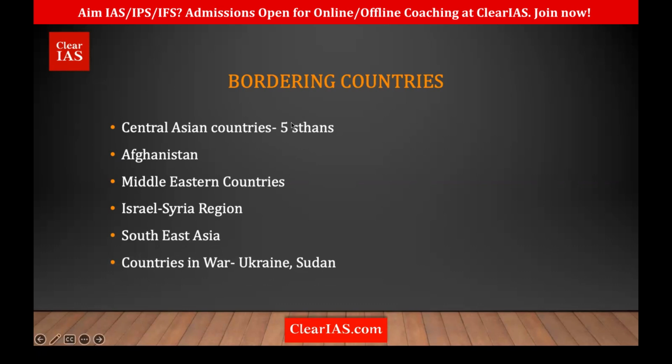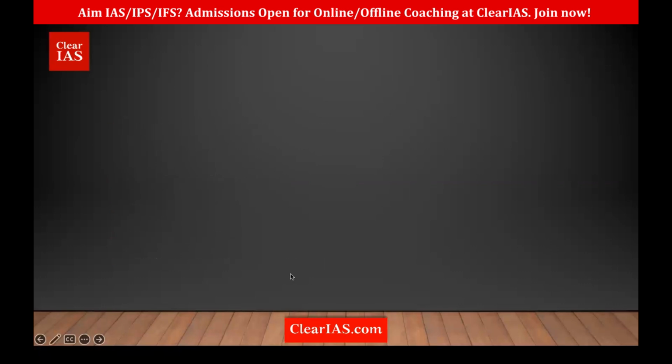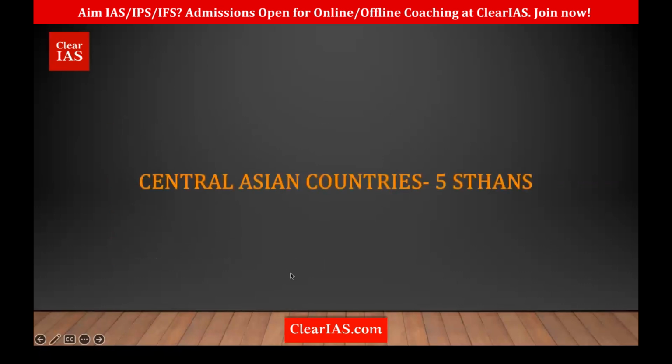So what are these five stans? If you're talking about Central Asian countries, these were countries of the Soviet Union, and they got liberated during the disintegration of the Soviet Union.